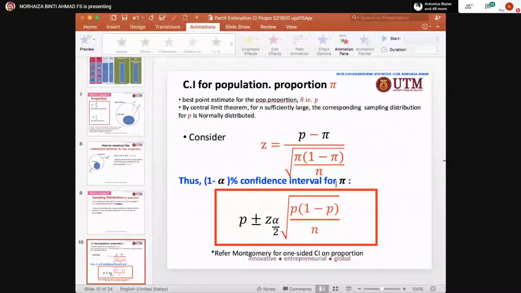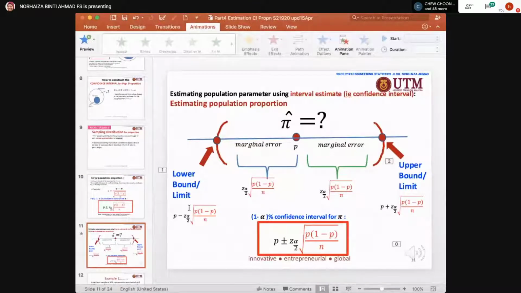Because p is normally distributed, you have a symmetric distribution, so it is legitimate to take the sample statistic plus or minus some error. That means your interval would lie around this p value based on the error that you calculate. So p minus the marginal error and p plus the marginal error will give you the limits.